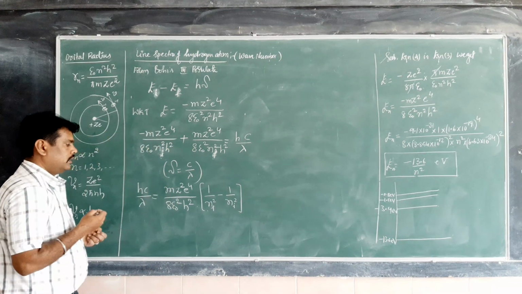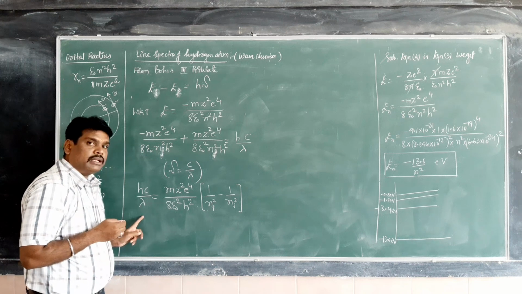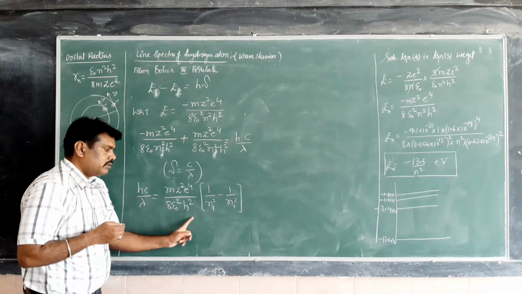Clear now? I want 1 by lambda because 1 by lambda is the wave number. h is constant, c is constant, transfer to the right hand side.